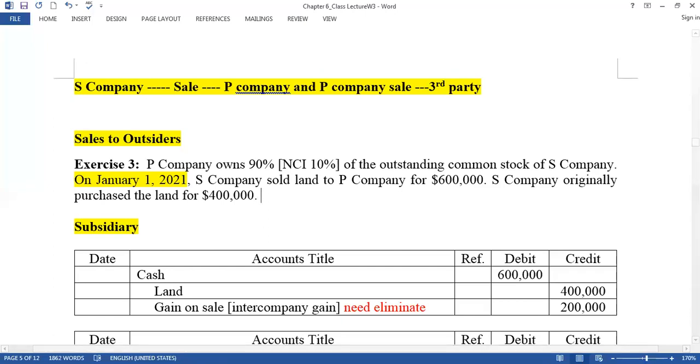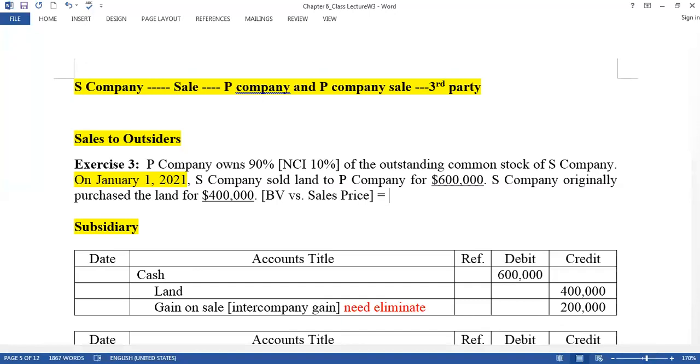So tell me, up to here you already have some calculations. If we compare book value versus sales price, this is the book value, and this is the sales price, right?